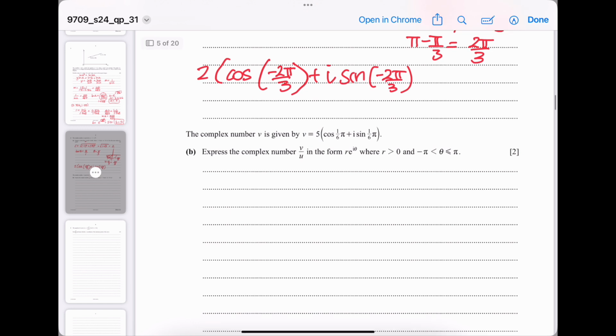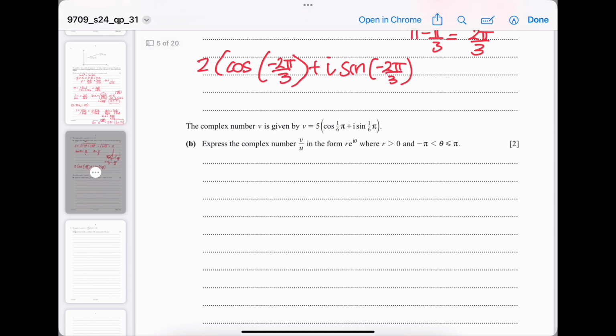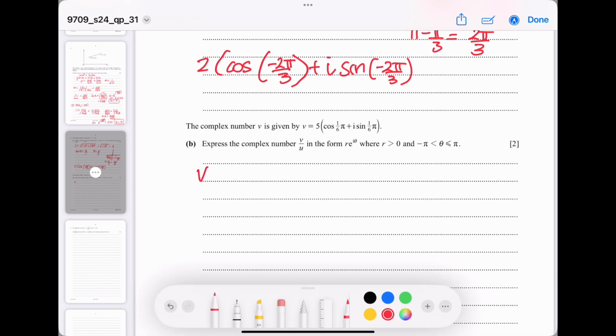So the complex number v is equal to 5 brackets cos pi over 6 plus i sine pi over 6. So the value for r in this, for v, we can see is 5.